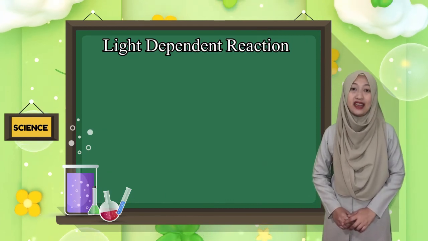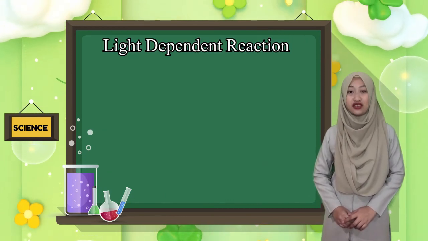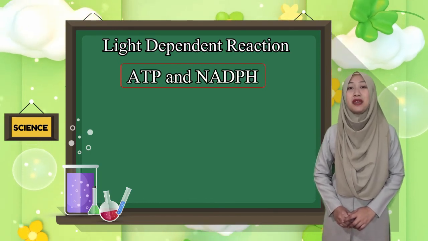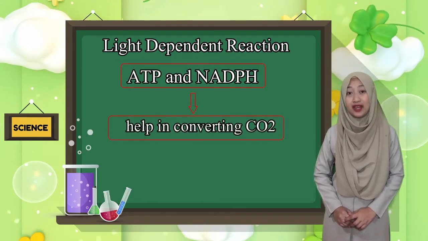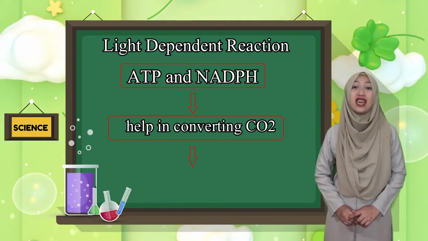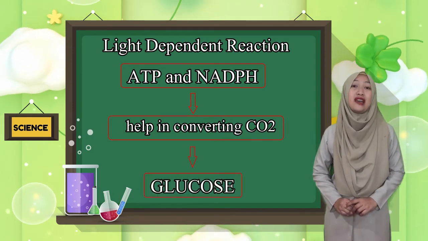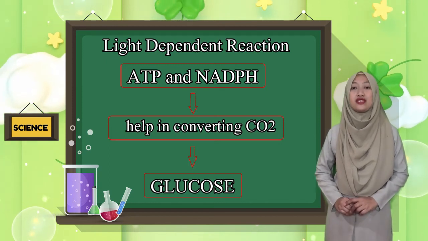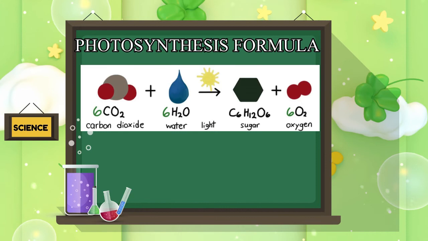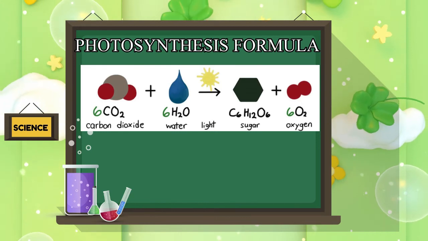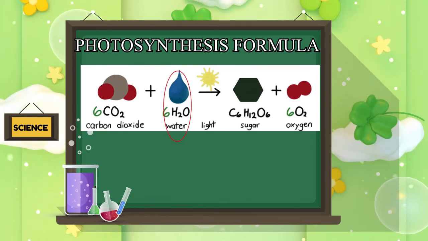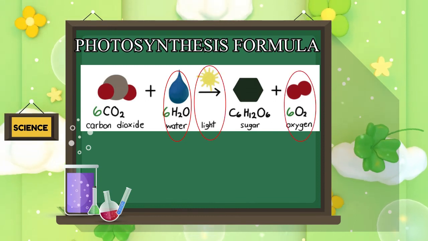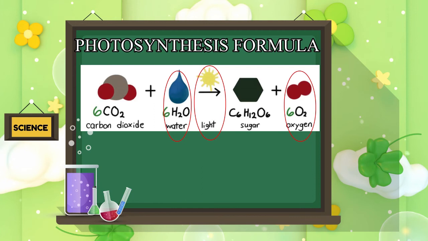Now, the products of the light-dependent reactions, which are the ATP and NADPH, will help in converting the carbon dioxide into glucose. Glucose is the final product of photosynthesis. Let's go back to the photosynthesis formula one last time. We have there the water, the sunlight, and the oxygen from the light-dependent reaction.